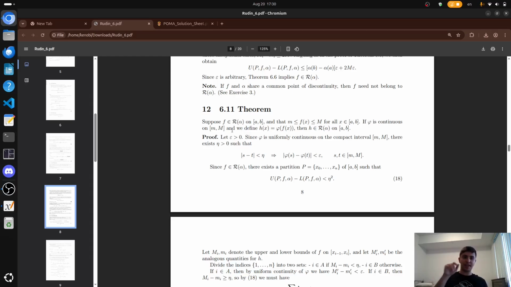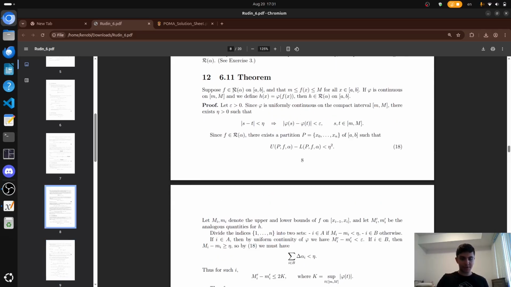And you're taking the alpha to also be discontinuous at that point, and you're going to see that the sums will give you different things, and it won't give you the integral, so f won't be in R alpha.